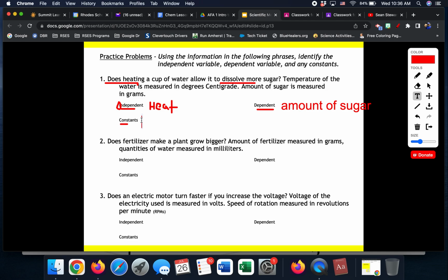But things like that could be the amount of water, heat source. So those kinds of things would have to be the same. Celsius, measuring in Celsius, would also be one.